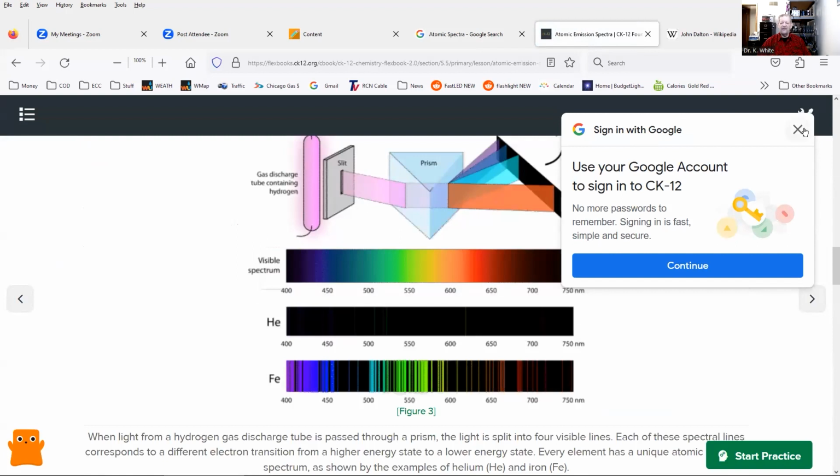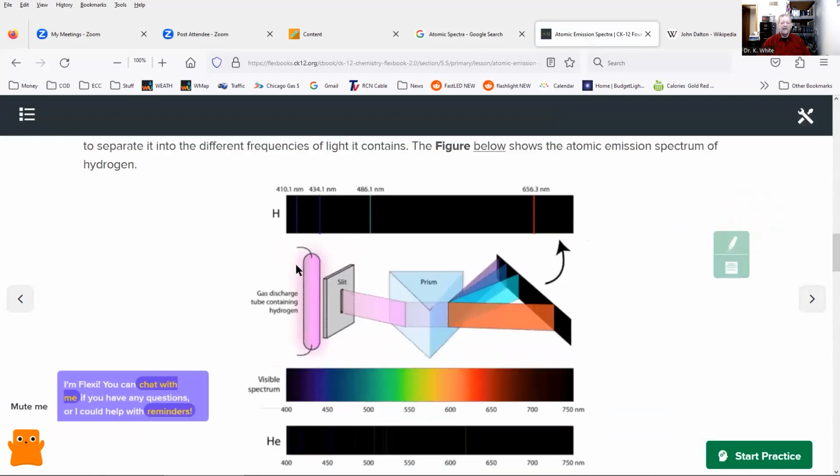And on your screen right now, if you had, say, an element like hydrogen, and you put energy through it, put it through a slit, put it through a prism, you'd see on a black surface these lines.